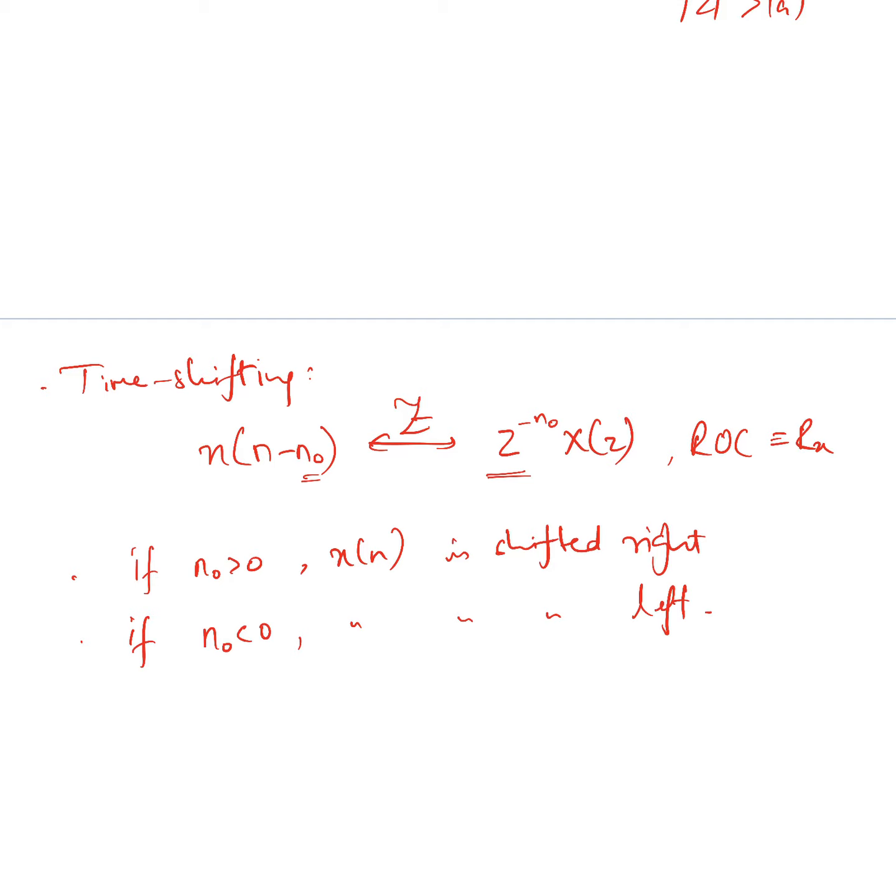And as I mentioned, the ROC can be changed, since the term z to the power minus n naught can alter the number of poles at z equal to 0 or z equal to infinity. Just keep this in mind while computing the ROC for the shifted sequence.